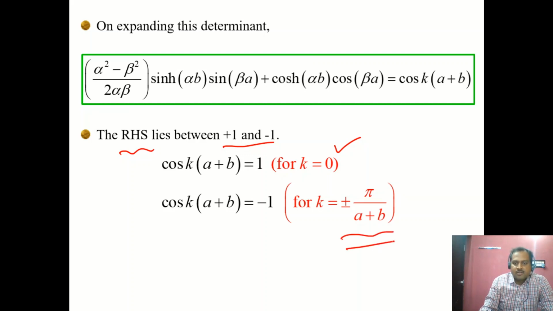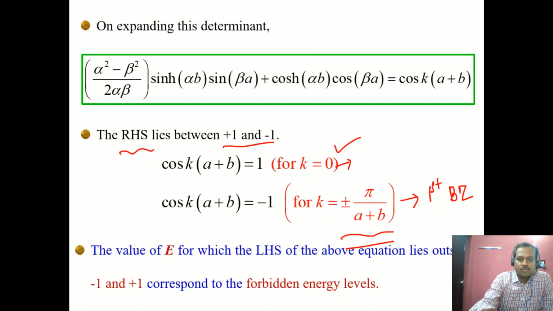And this is the first Brillouin zone of the lattice under consideration. That means from minus pi by a plus b to plus pi by a plus b. And at k equal to 0, we are having one of the lattice points.